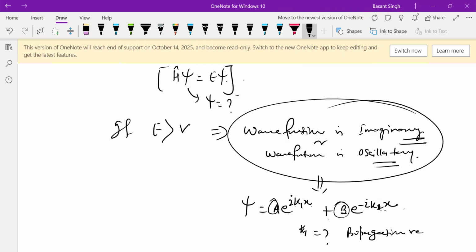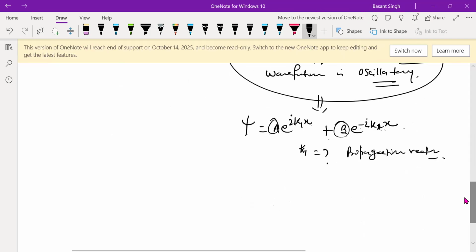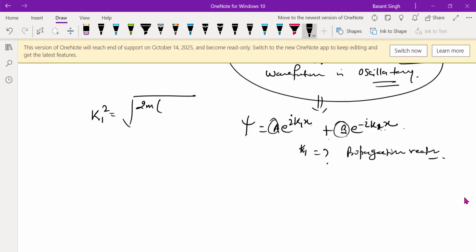We can write the propagation vector easily: k1 equals root under 2m times (E minus 0) by h-bar squared. Here energy is greater than potential, so always write the positive number.